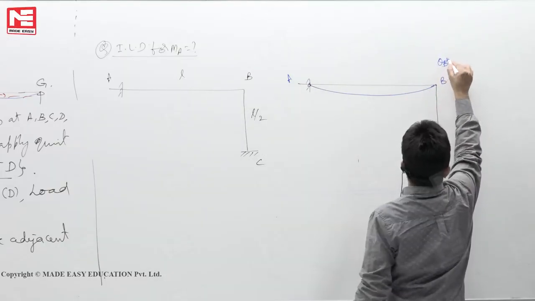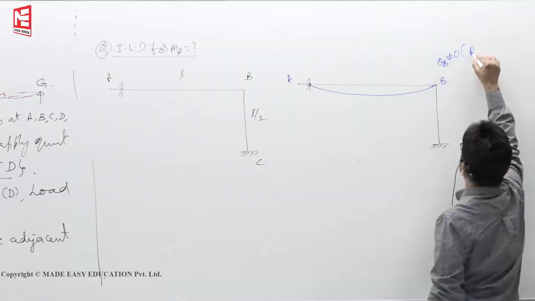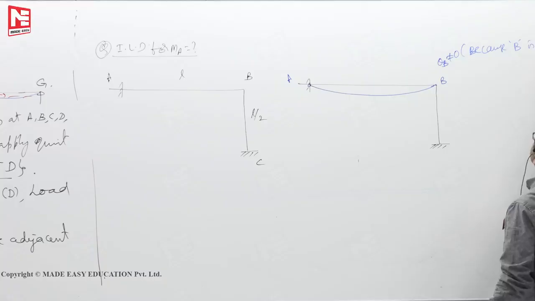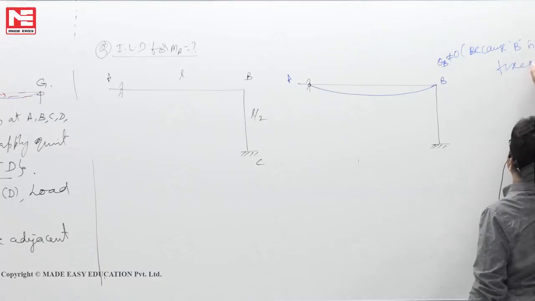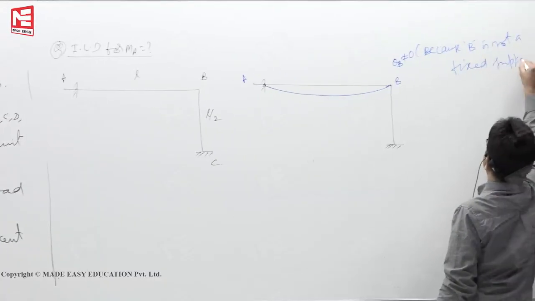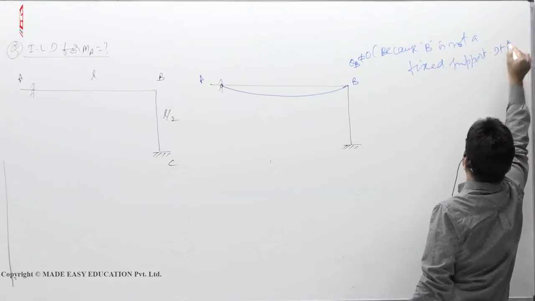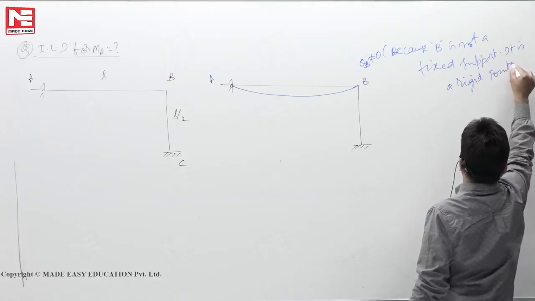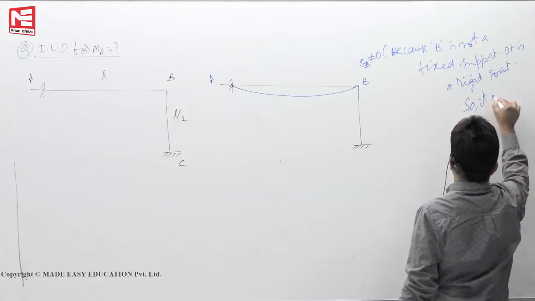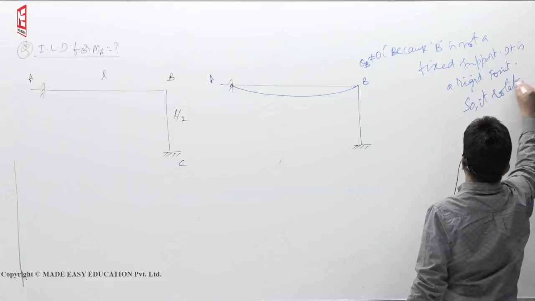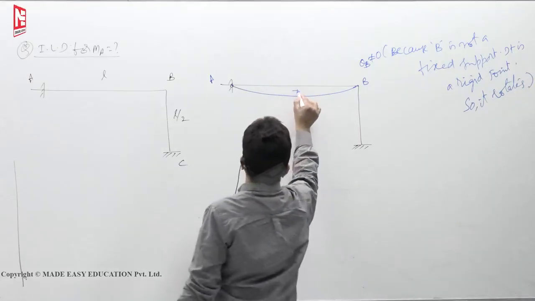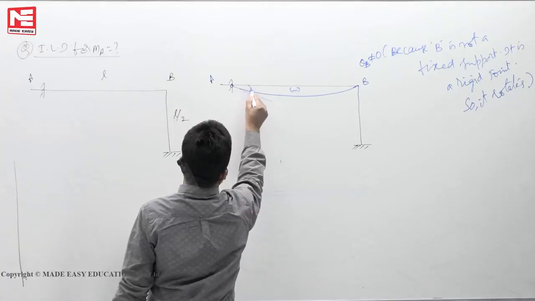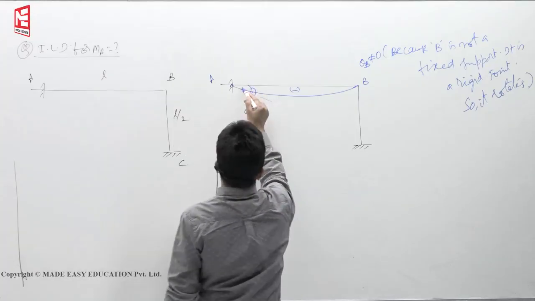Here theta B is not equal to 0 because B is not a fixed support. It is a rigid joint. So it rotates. So minus theta is equal to 1.